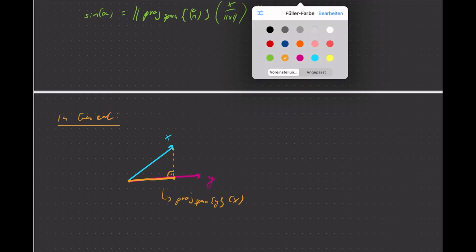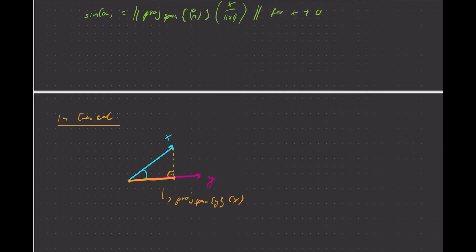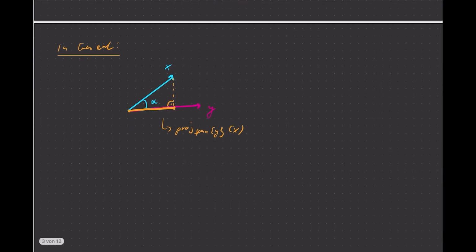And again, we can have a look at the angle here. So that angle here is called alpha. And then, of course, the length of this projection will again reflect the cosine. So the length of this projection is exactly equal to the cosine of alpha times the length of the vector x itself. Again, we'd have to normalize that to get the cosine.